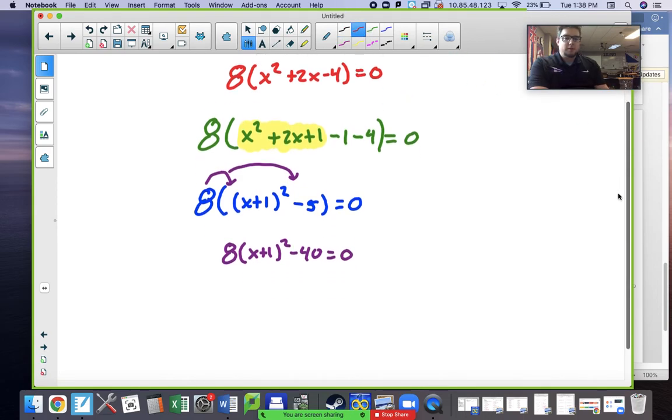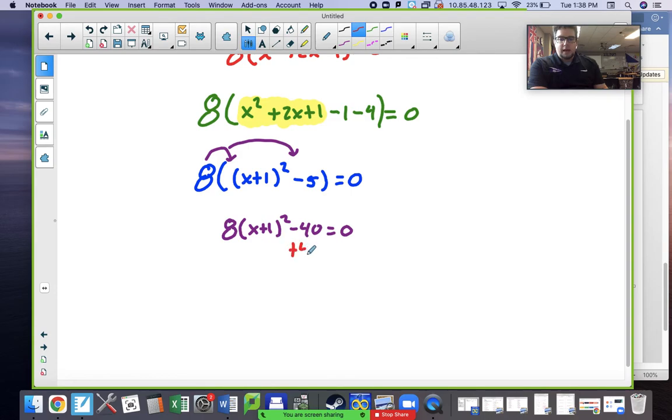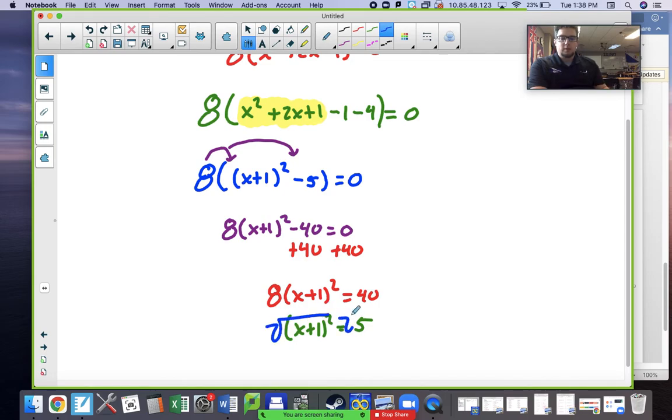And now I'm going to solve. Add 40 to both sides. Divide by 8. Square root. x plus 1 equals plus or minus root 5.